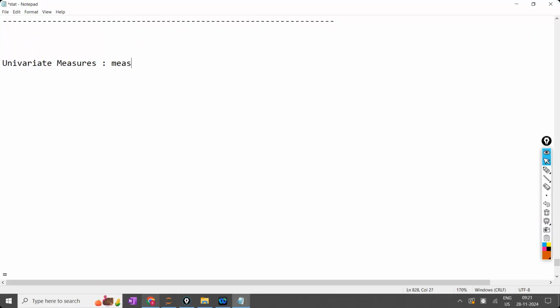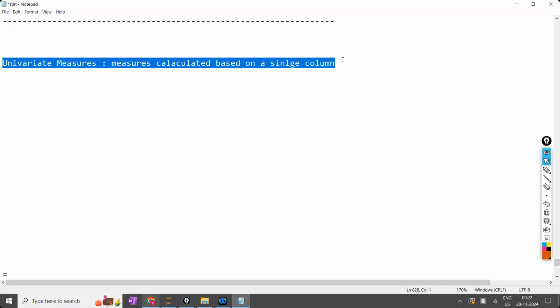The measures you calculate on a single variable, measures on a single column. Measures calculated based on a single column are called univariate measures.